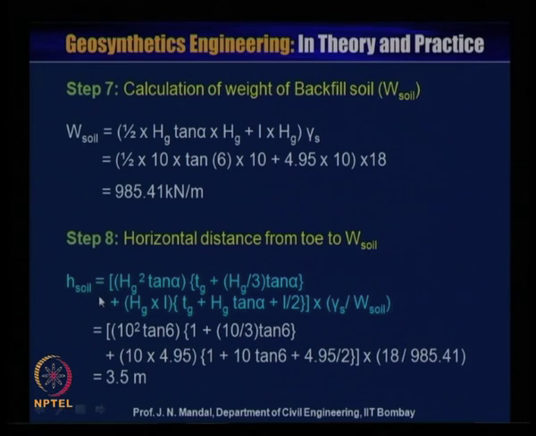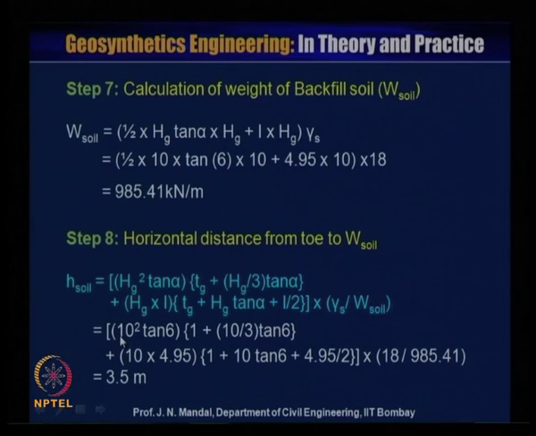So that means H soil is equal to this equation: Hg square by tan alpha into Tg plus Hg by 3 into tan alpha plus Hg into L into Tg plus Hg tan alpha plus L by 2 into gamma S by W soil.